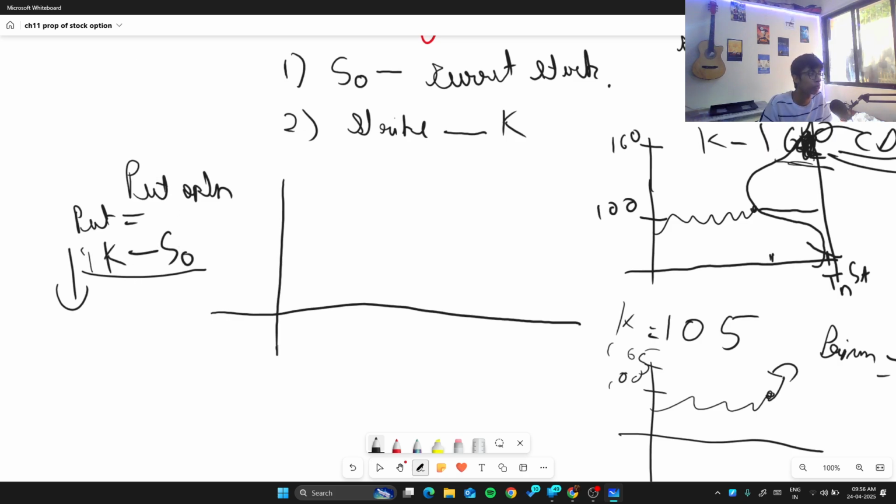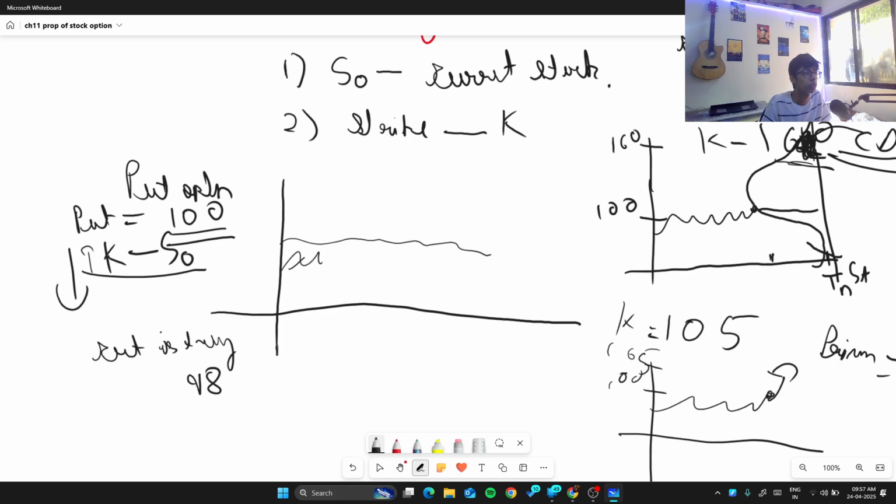The strike price should be more. Let's say the strike price is 100 rupees, and our stock is currently trading at 98, and our K is at 100.